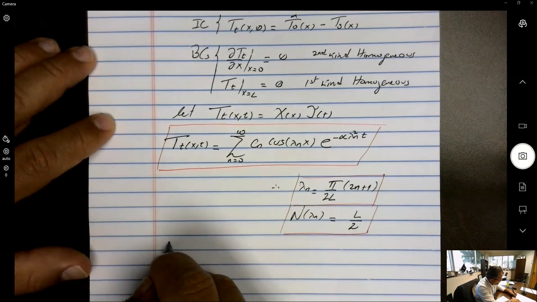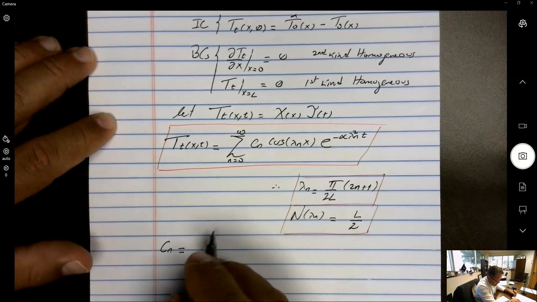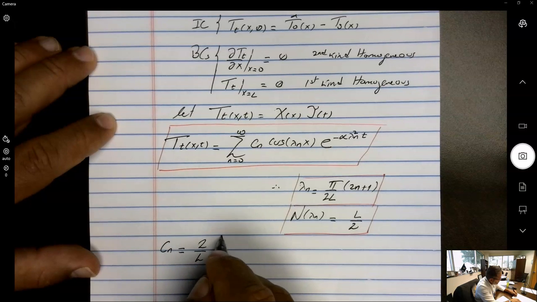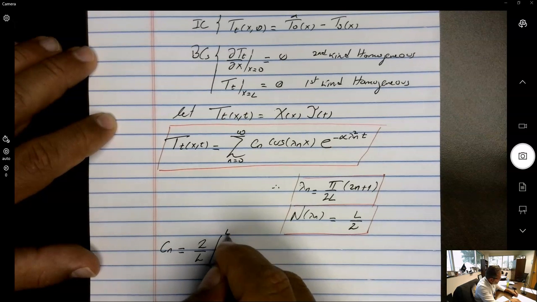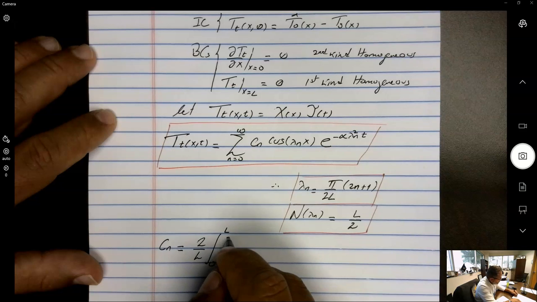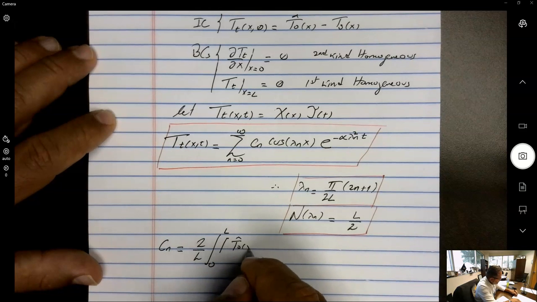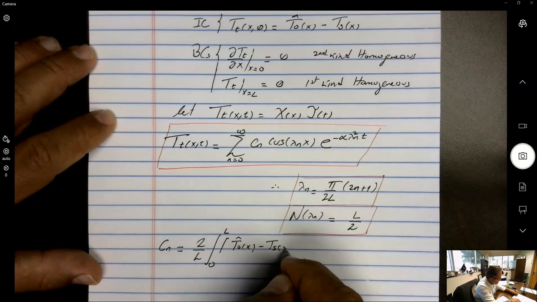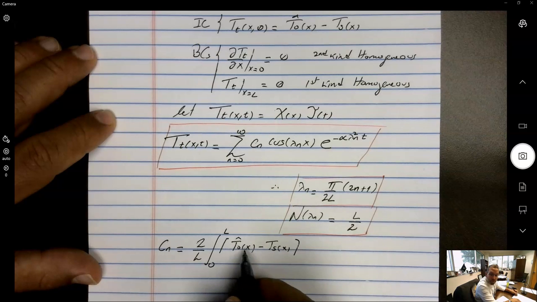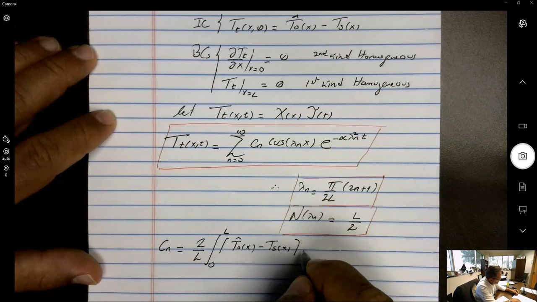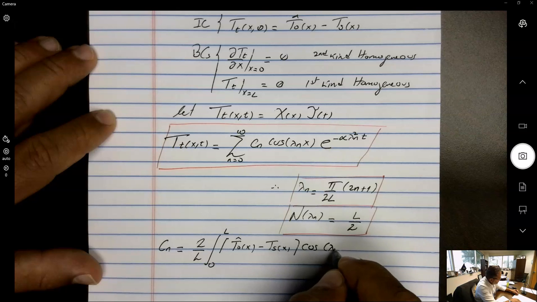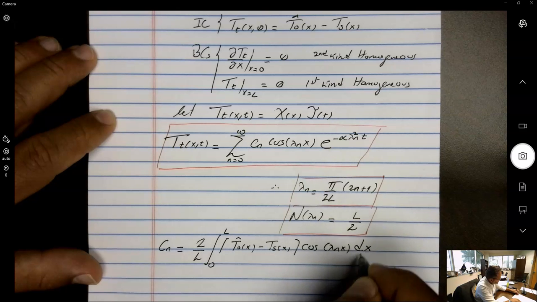So ultimately, the constant of integration Cn is 2 over L times the integral from 0 to L of the initial condition, T0 of x minus Ts of x, which we found, times the eigenfunction dx.